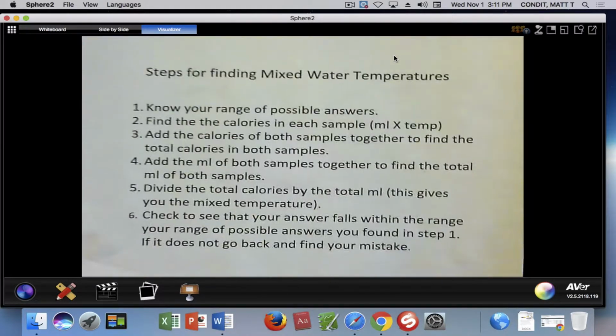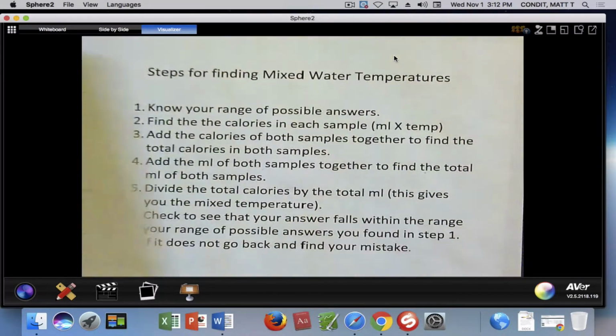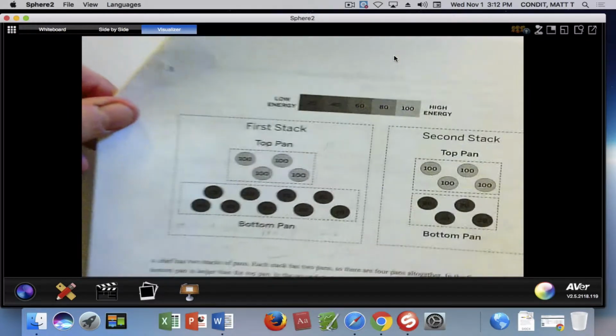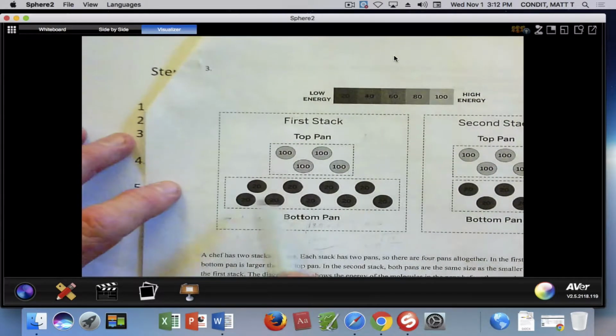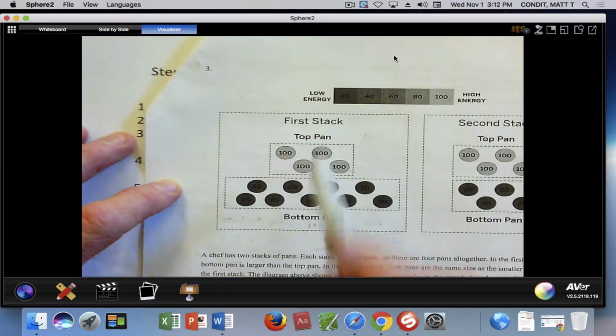Now, the other one I want to show you is that we can do the same thing to solve these Amplify problems. This is actually question 1, or one of the questions on the practice test. It gives us these little circles, and the circles stand for the mass, and the numbers in them stand for the temperature. It says it's a pan, but we can draw this as water.